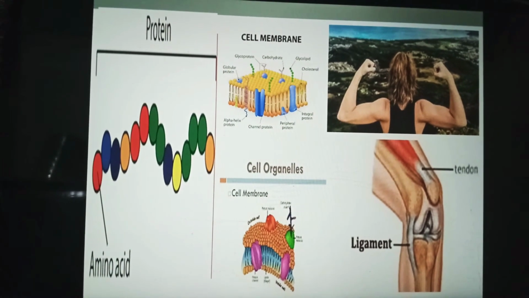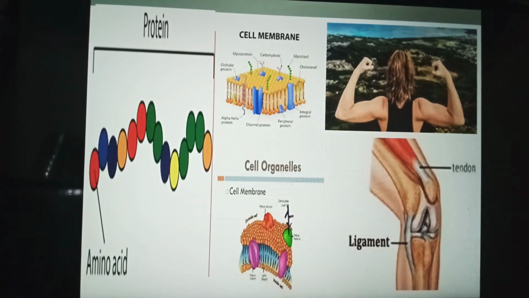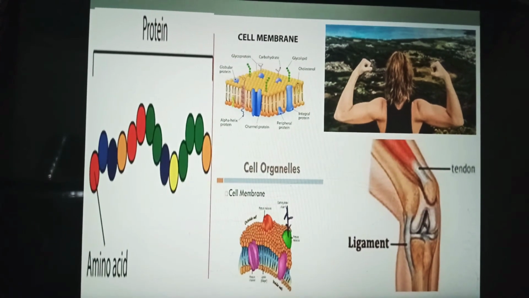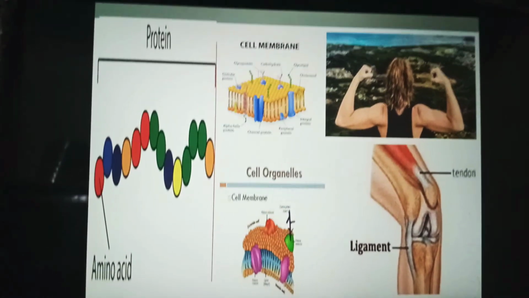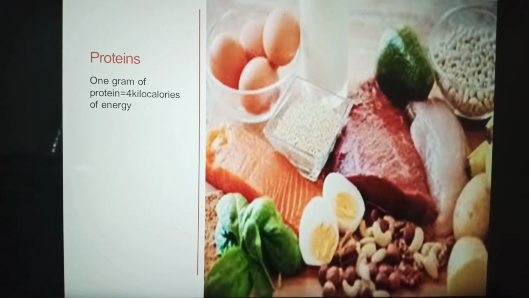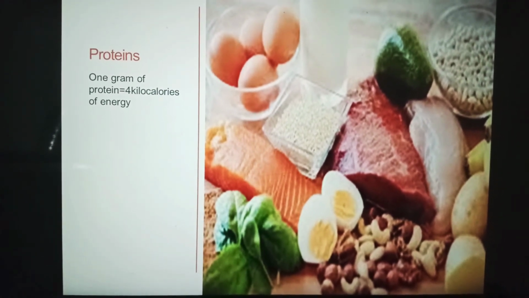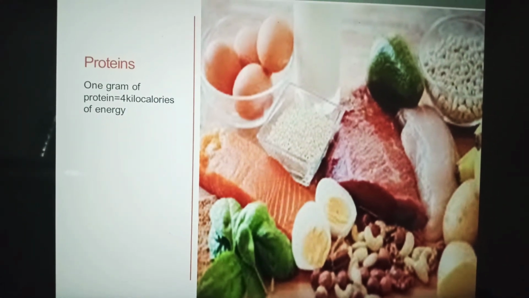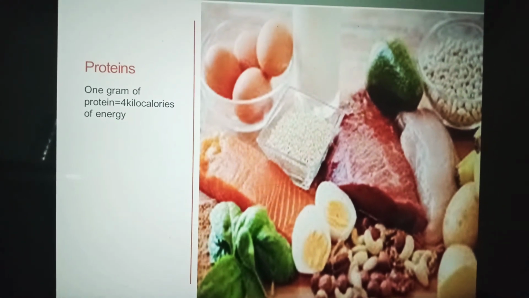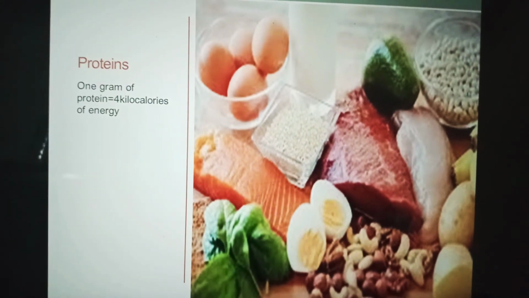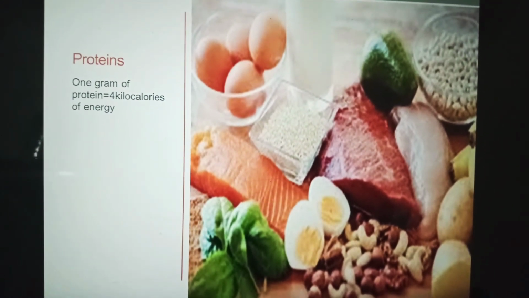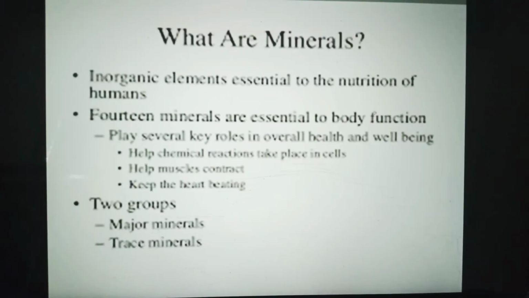Proteins can also be used for gaining energy. 1 gram of protein contains 4 kilocalories of energy. And the dietary sources of protein are meat, eggs, grains, legumes, and dairy products such as milk and cheese. And 1 gram of protein is equal to 4 kilocalories of energy.